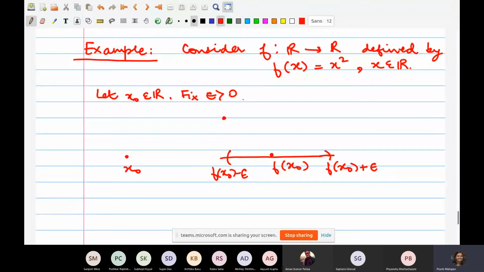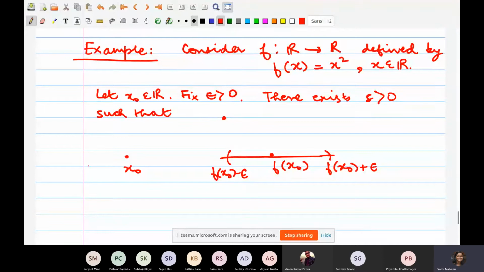Corresponding to this epsilon, there would be a delta positive. Now, what does delta achieve for this?